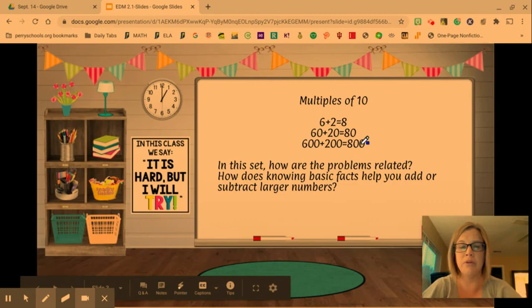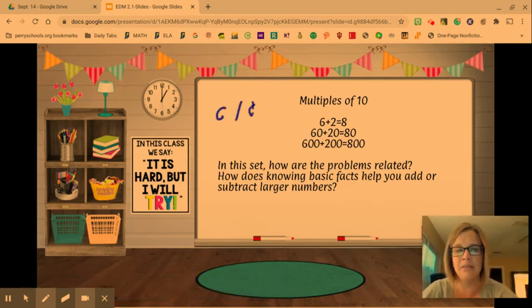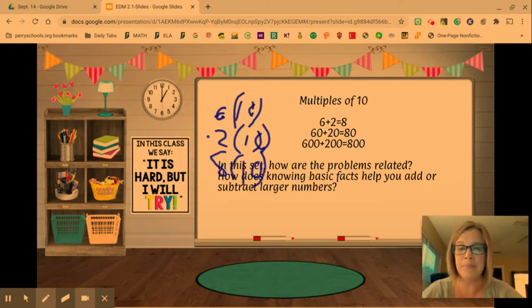So really what we're doing is adding 6 tens, and then we're adding 2 tens. And so we can add our 6 tens, and we could do 6 plus 2 is 8, and then we're still talking about 8 tens, so it is 80. So we're increasing it by multiples of 10.